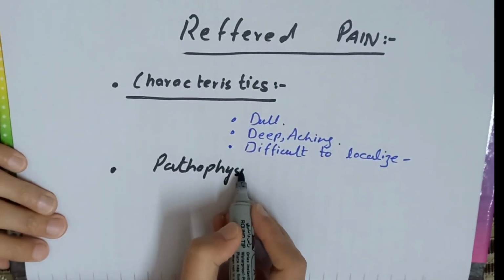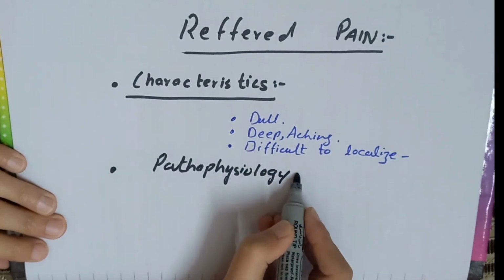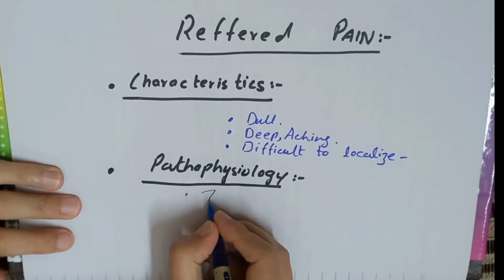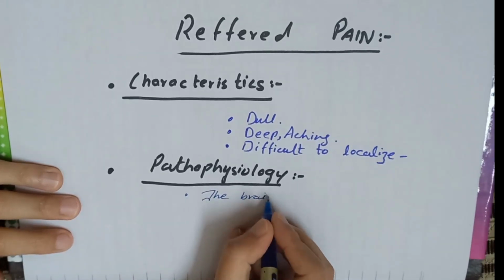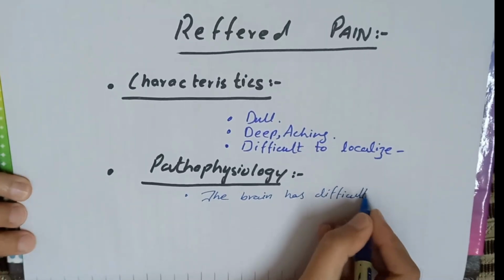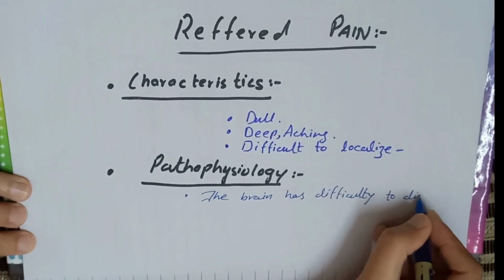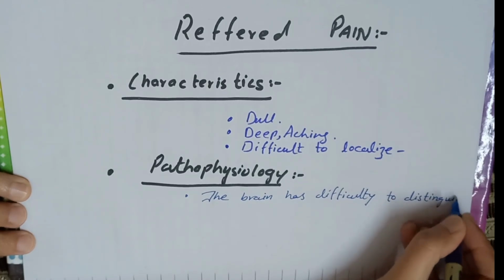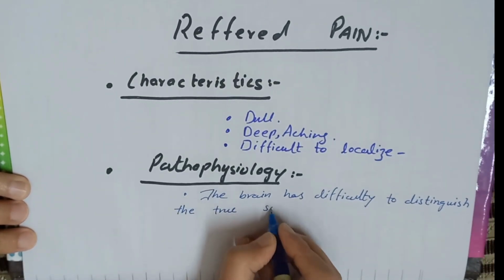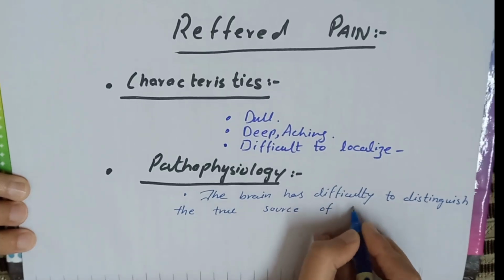Moving towards the pathophysiology of the referred pain. So the brain has difficulty to distinguish the true source of pain.